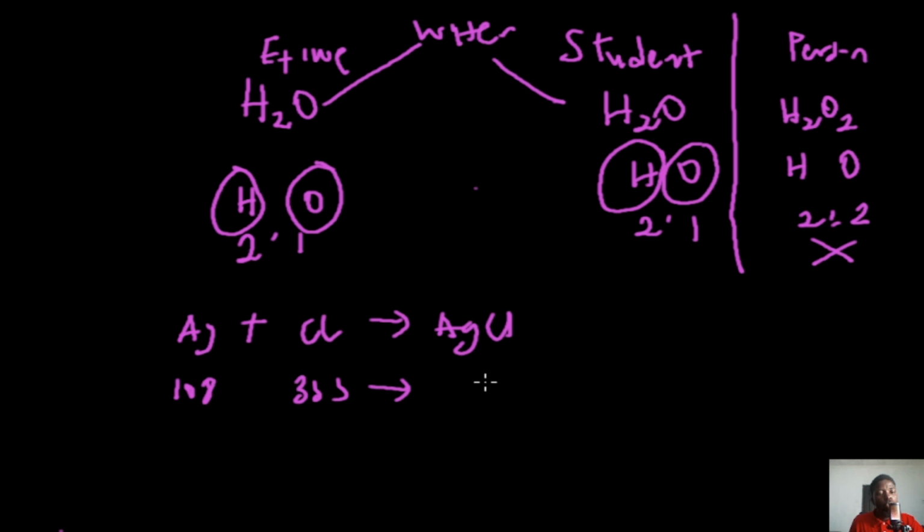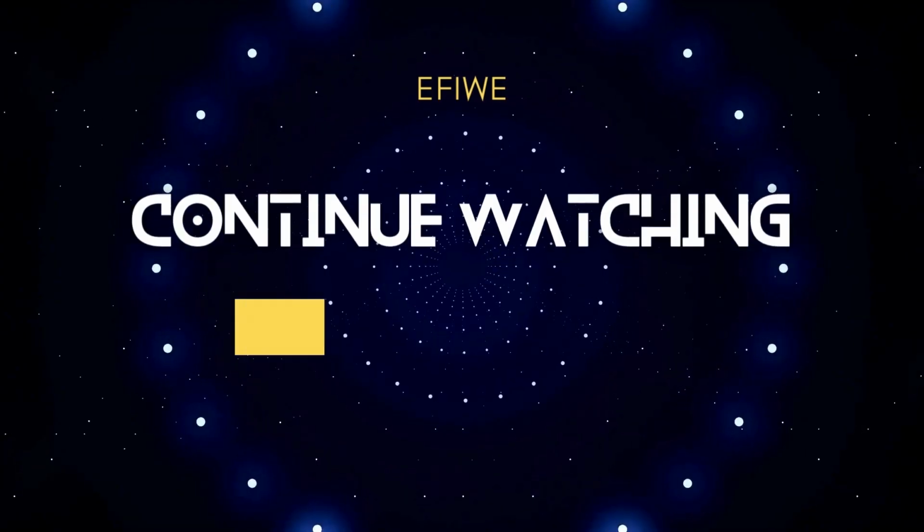According to the law of conservation of matter, all the masses that are on this other side will actually be converted to produce this particular product. So when we have 108 plus 35.5, it should be able to give us 143.5. I presume this is quite understood. This will bring us to the end of our understanding of the introductory parts of stoichiometry.